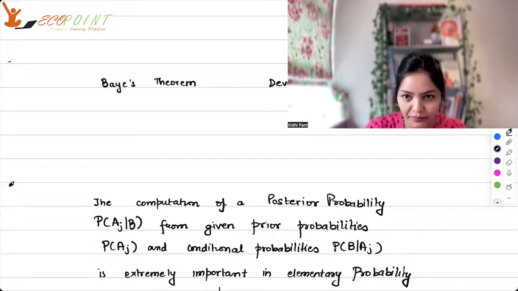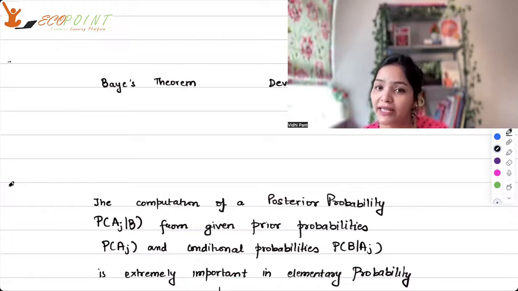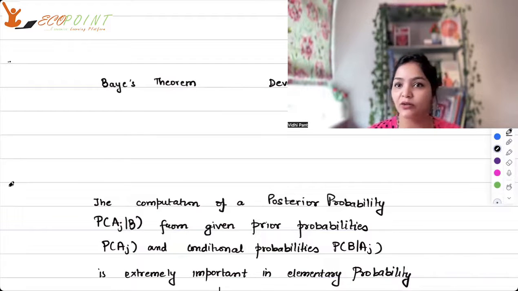Well, Bayes' theorem is associated to the computation of a posterior probability, posterior as in order which comes later, probability of the conditional event AJ, conditioned on a given prior probability, something that has already happened, which is probability of AJ.